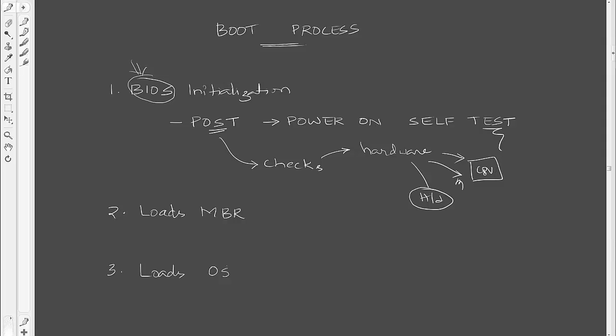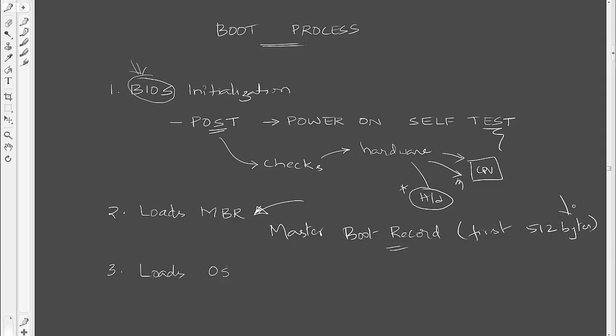When that is done, it'll find the hard drive, and within the hard drive it will find the MBR. MBR stands for Master Boot Record, which is on the very first sector, the first 512 bytes of the hard drive.